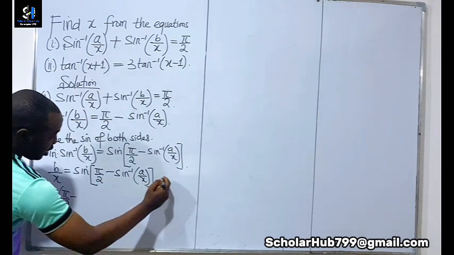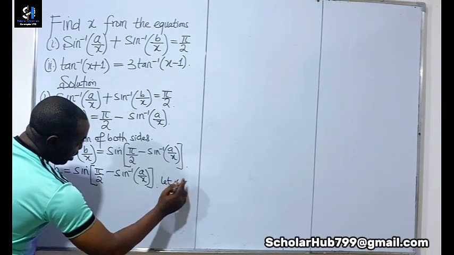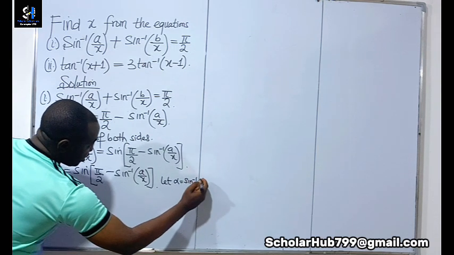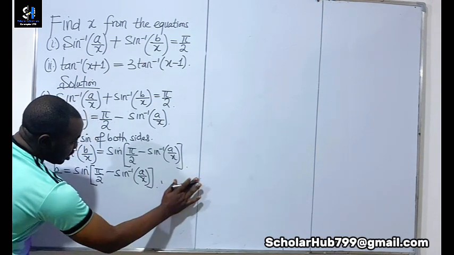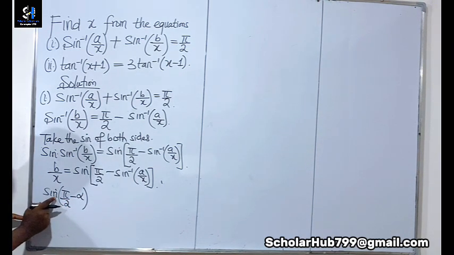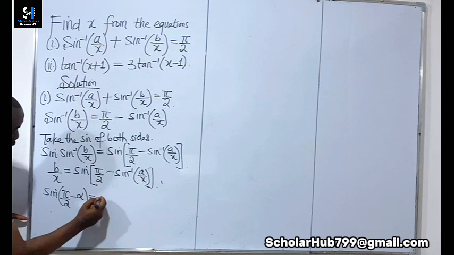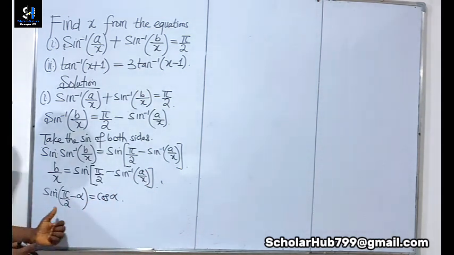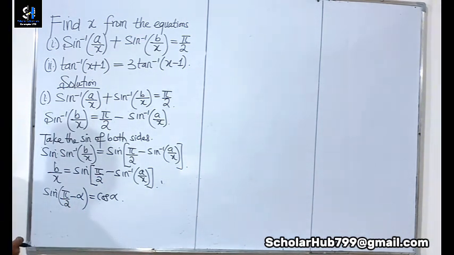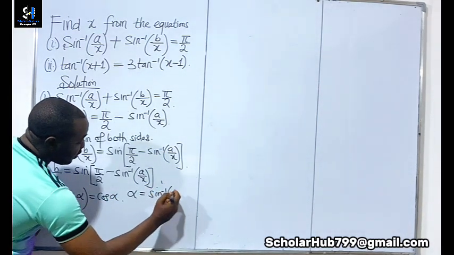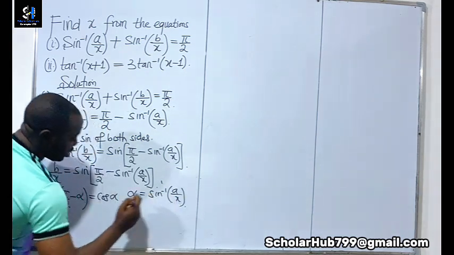Let's say alpha is inverse sine of a over x. Then we have sine of pi over 2 minus alpha, which is cos alpha. We are using the fact that sine of pi over 2 minus alpha equals cos alpha, where alpha equals inverse sine of a over x.